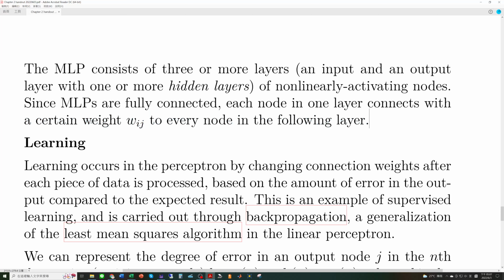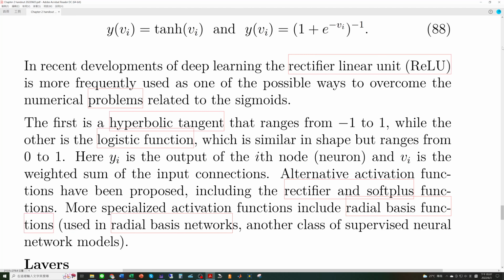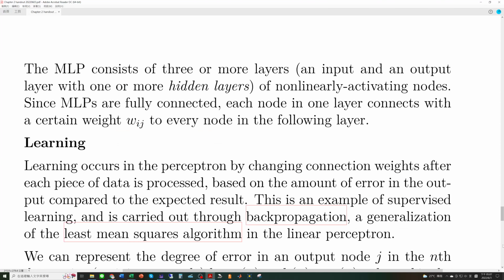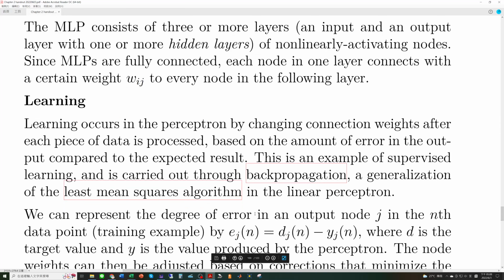We know that W means weight, but what do i and j denote? Let us review. First, i means the ith node, that is, neuron. And j means the jth output node, in Wij to every node in the following layer.